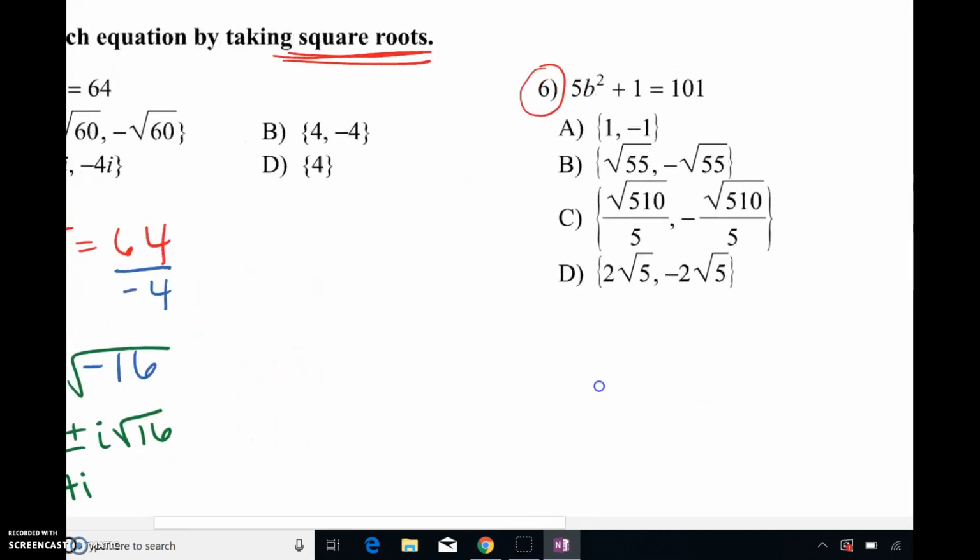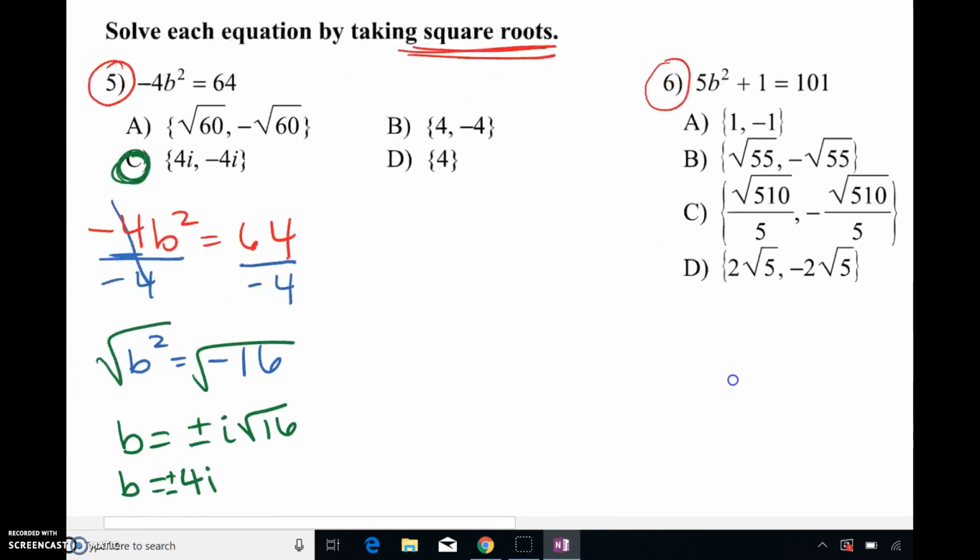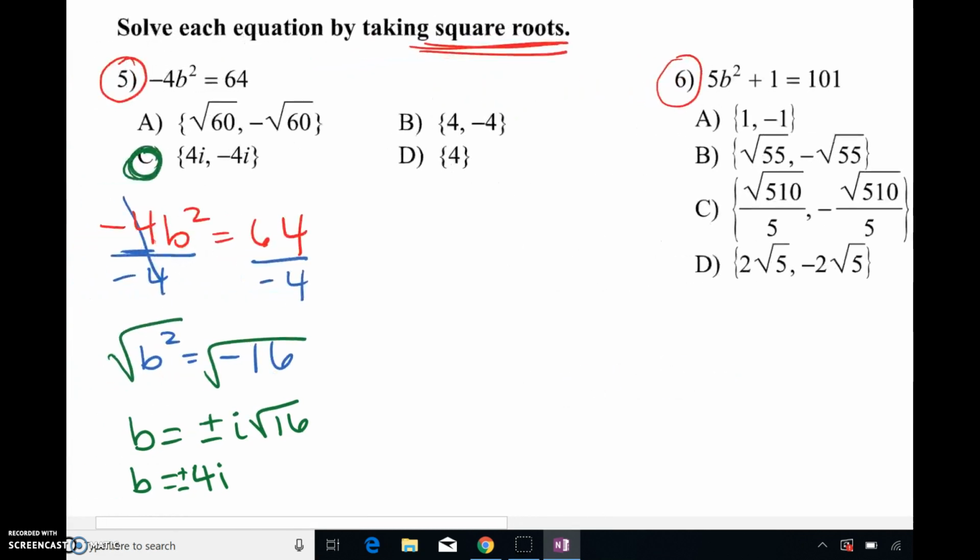All right, number 6. So number 6 has the same directions as number 5. Again, solve by taking the square root. So you need to isolate the square. So I have 5b squared plus 1 equals 101.